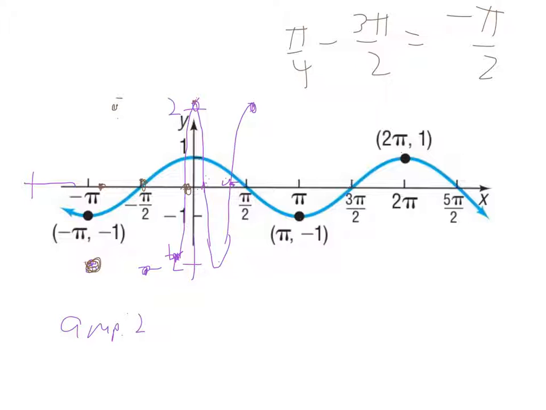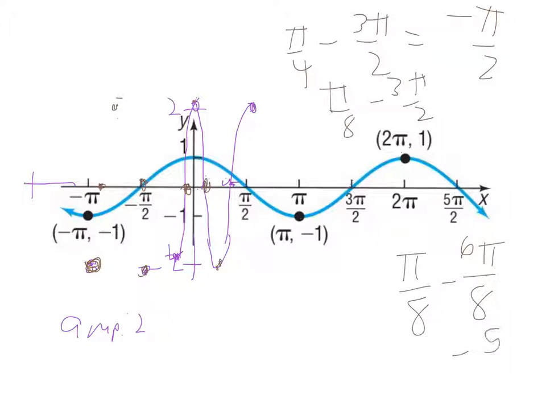So this point here at pi over 4 negative 2, that's the one that should be at pi over 2. This point here, I believe that is actually at pi over 8. So pi over 8 minus 3 pi over 2, because we're shifting it to the left. That would be at negative 6 pi over 8 plus pi over 8, which would be negative 5 pi over 8. So it'd be right here.